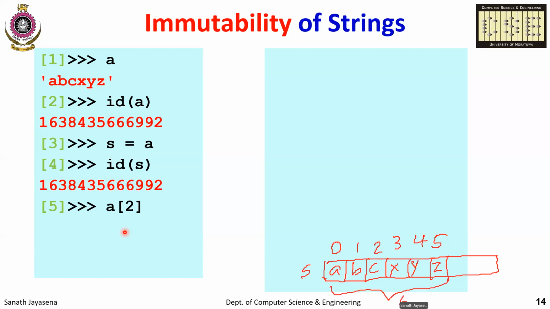You will learn more about strings later on. This is just to explain its immutability with this example. But because we have this notation, I just wanted to explain that. So when you say A square bracket 2, what do you get? It gets C. That is because you can see in the index number 2 or location 2, the character C is there.